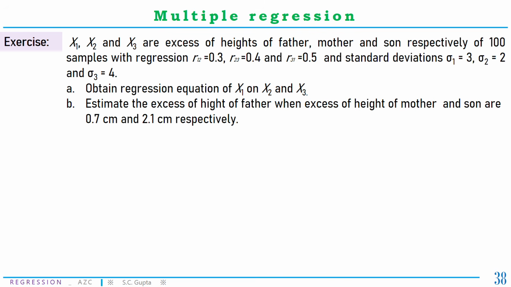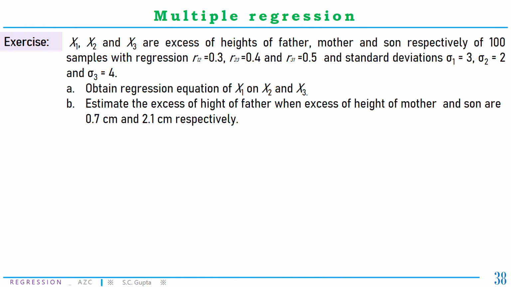Of 100 samples with regression, R12 is 0.3, R23 is 0.4, and R31 is 0.5. And standard deviations, sigma 1 is 3, sigma 2 is 2, and sigma 3 is 4.